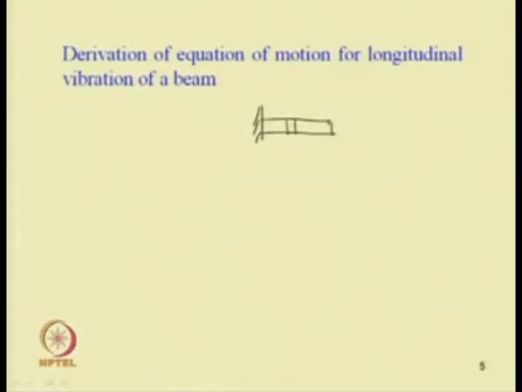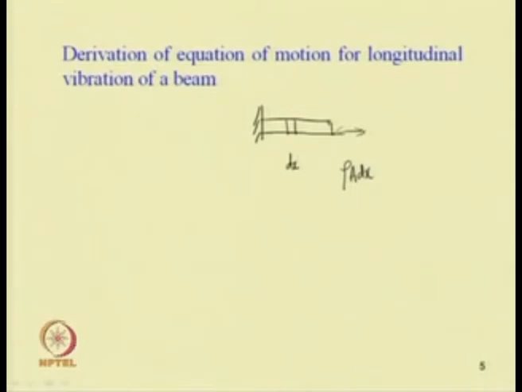Let us consider a small element for the longitudinal vibration of the beam. The vibration takes place in the longitudinal direction, and let us take a small element at a distance x from the fixed end. This small element has length dx. Let rho be the density of the material, so rho A dx is the mass of this small element.